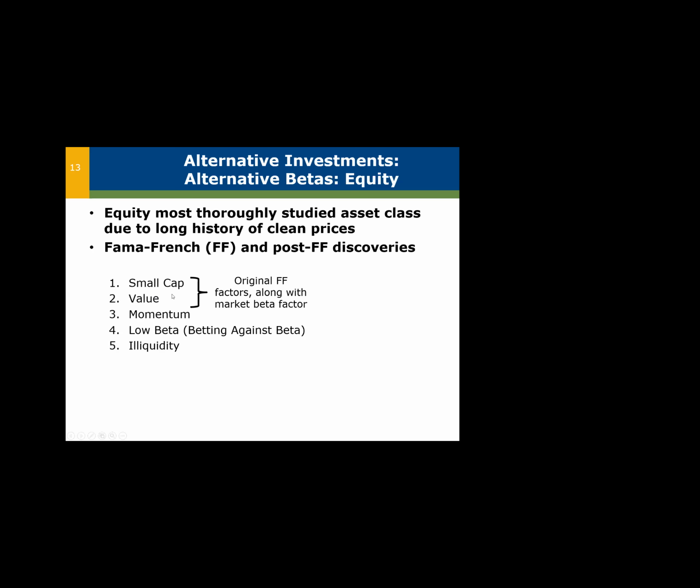Similarly with value, you would go long a portfolio of stocks that have low price to earnings, and short a portfolio of stocks with high price to earnings ratios. Momentum, and then subsequent to those original two factors, some other factors have been identified. In fact, identifying factors is a bit of a cottage industry in finance.